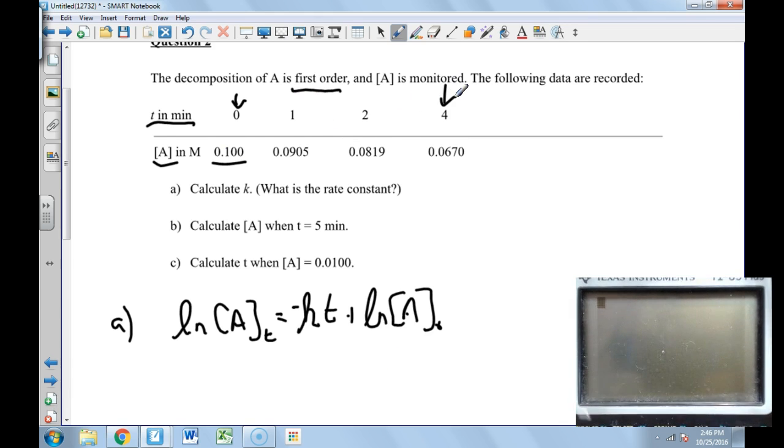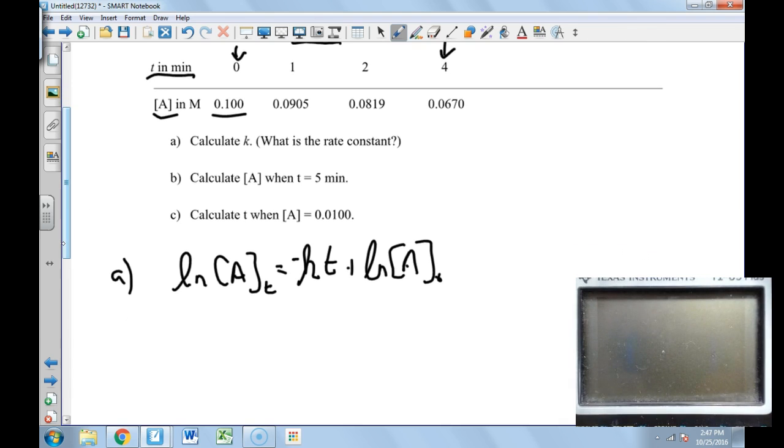So I'm just going to pick time 4. That's just my own personal preference. I like to take data that's further away from the starting point. But it should work. You should get roughly the same answer for any of these times.